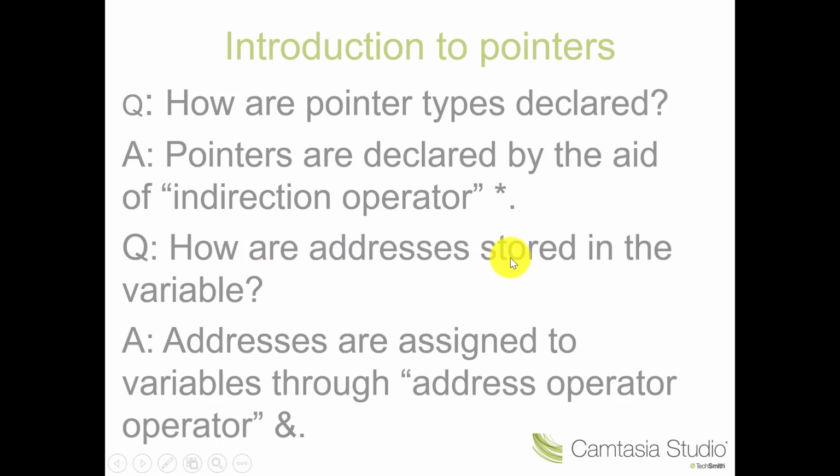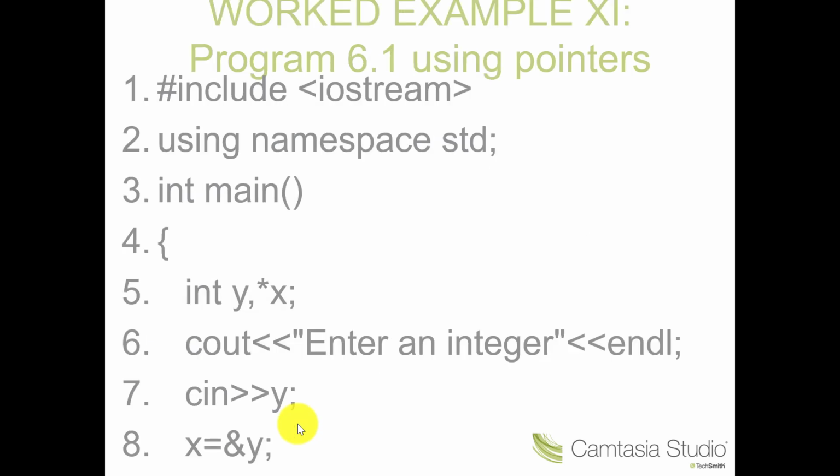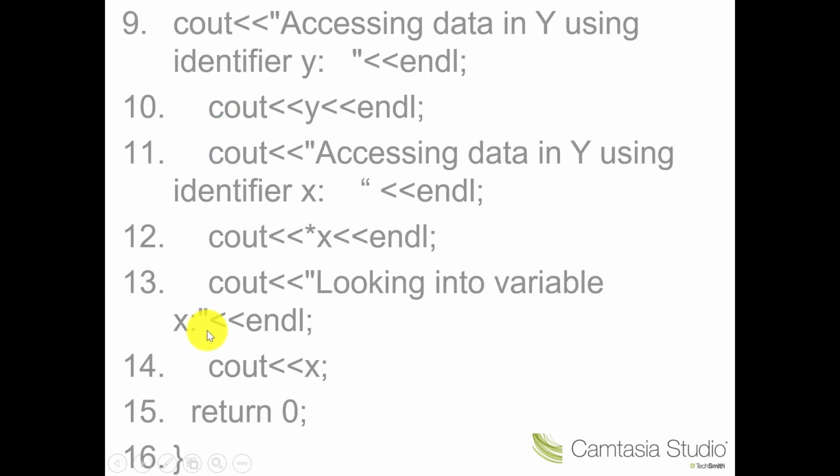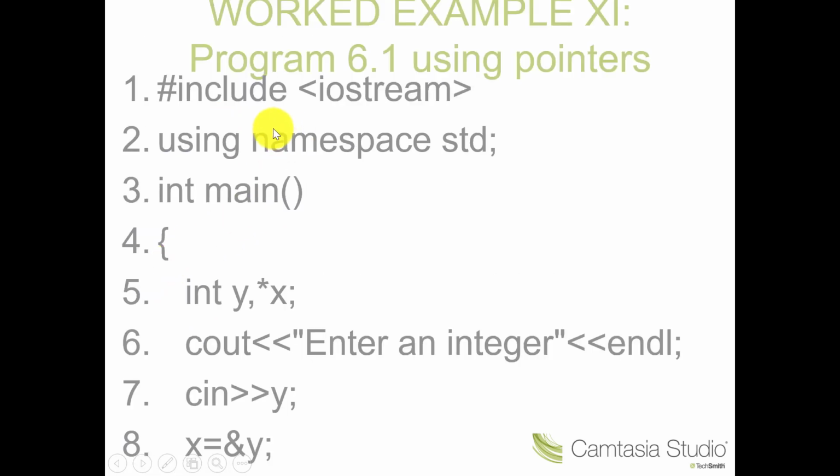How are the addresses stored in the variable? Addresses are assigned to variables through the address operator, which is this symbol, the ampersand. Now, in order to understand this particular issue, let us look at this line here. This is include whatever. int main is starting here, curly bracket opening, but here we are declaring variable y.